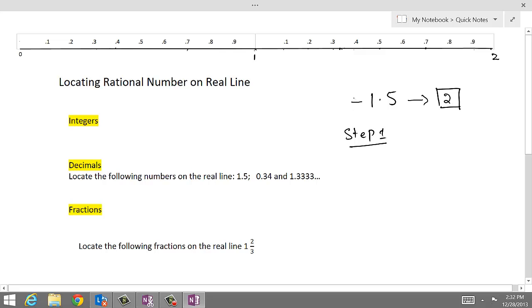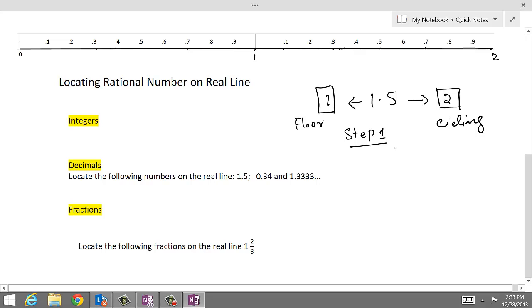And which integer is immediately to the left of 1.5? That's 1, which is called the floor. So floor is 1 and ceiling is 2. That completes our step number 1.